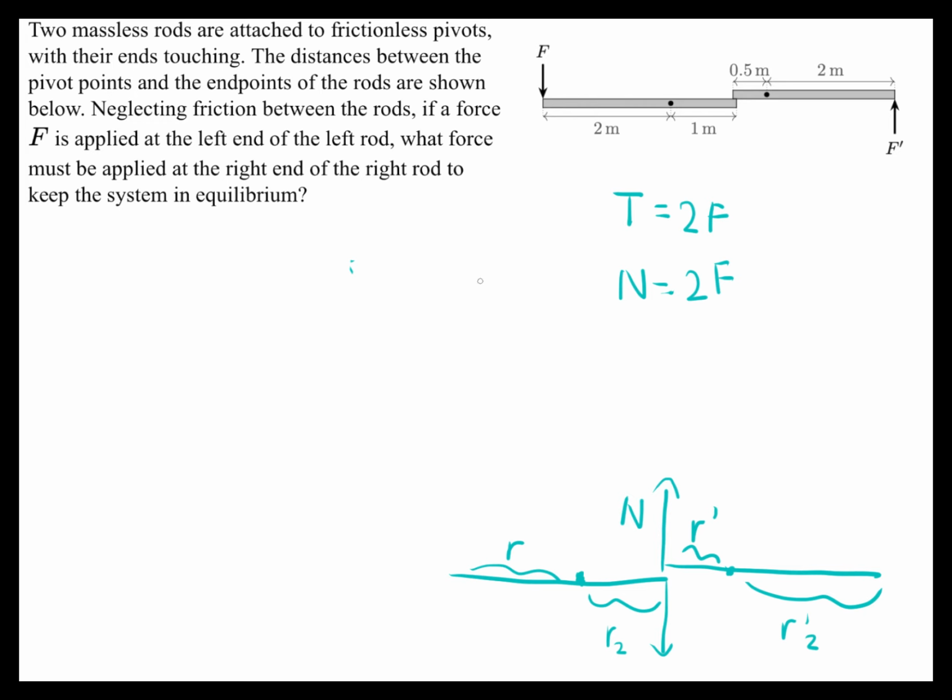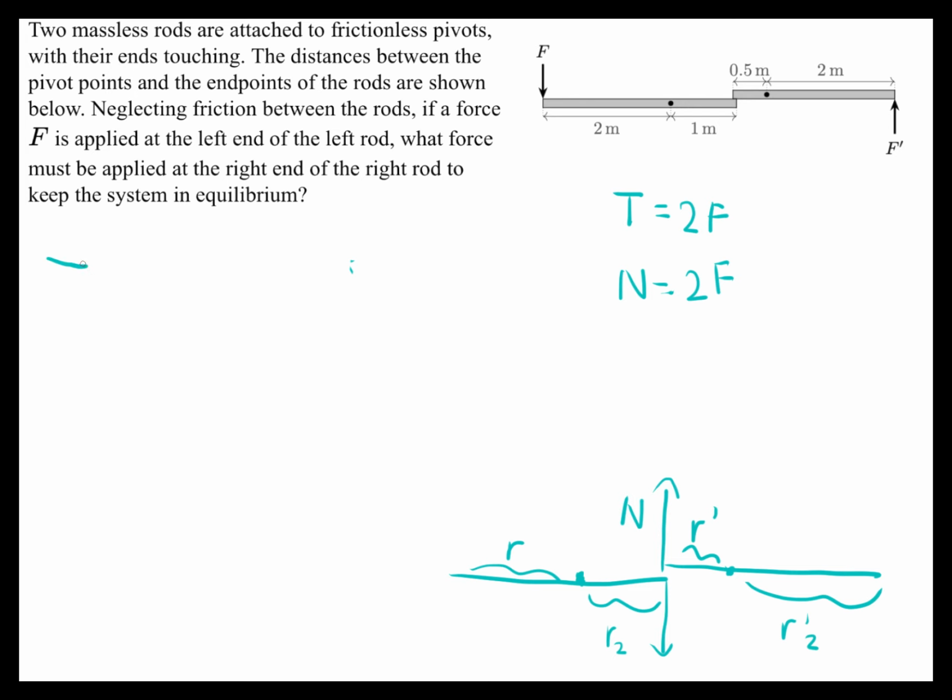Now let's take a look at this second rod over here. We can calculate the torque on the right rod by using the force exerted from the right end of the left rod. So this force is applying a torque on this second rod here. And we can calculate that torque just like before.